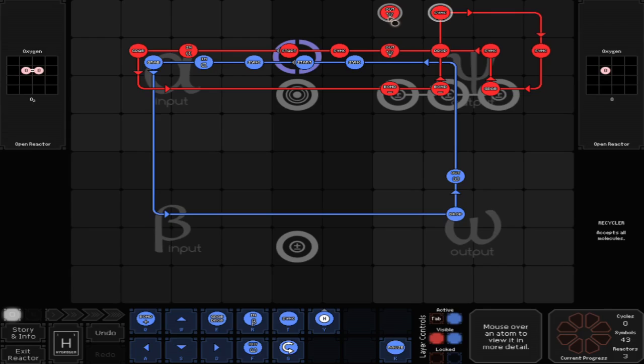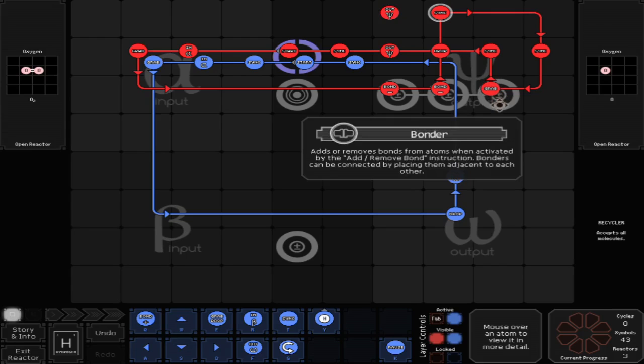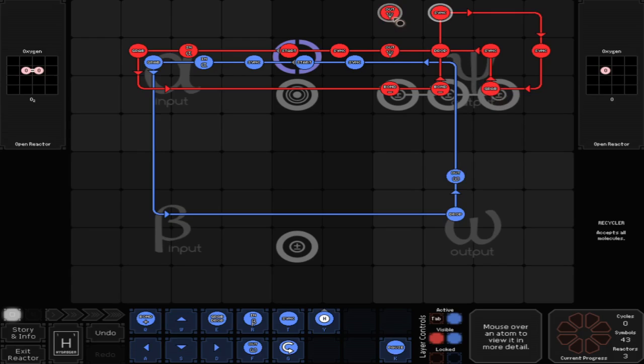Now the problem is I need red to grab the oxygen at the second oxygen atom before he hits the first output command. So I think I'm going to have to do this.